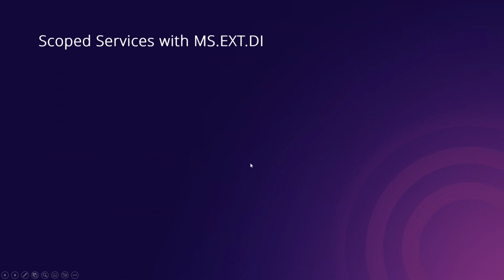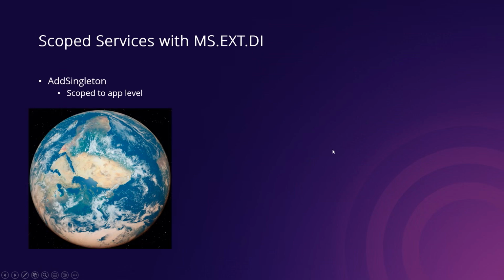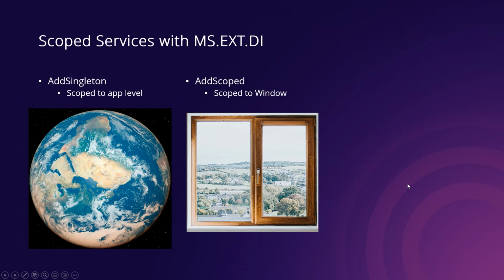Scoped services via the MS extension dependency injection services. Your three friends in this area: Add singleton is anything scoped at your app level, so those are things you create once and use everywhere. Add scoped is scoped to your window, so every time we create a window, that has a new scope.